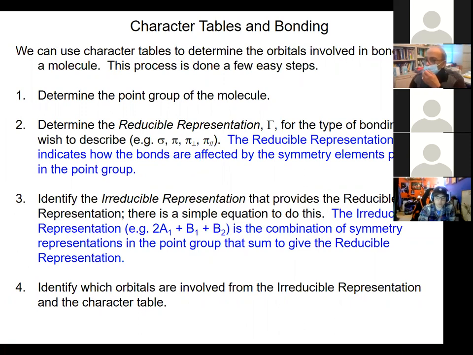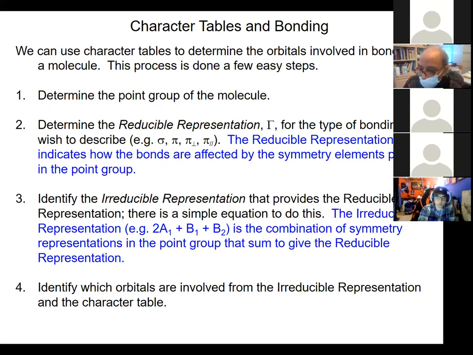The first thing, if you're given any molecule, is to draw the Lewis structure, know the symmetry elements, use the point group chart, and determine the point group of the molecule. If it is H2O, then you know the point group is C2v.